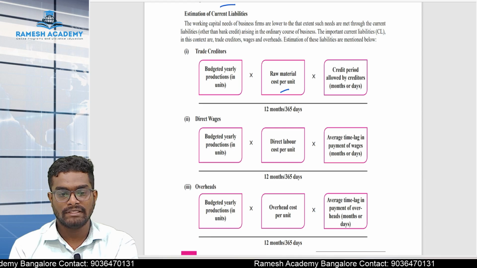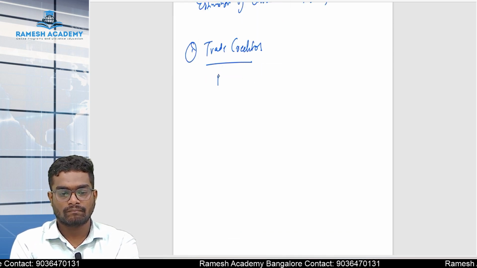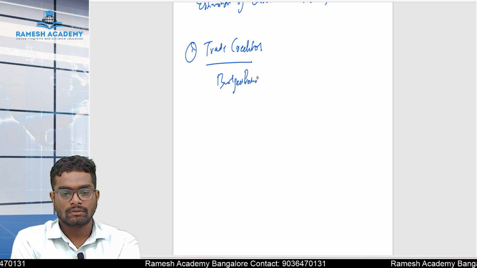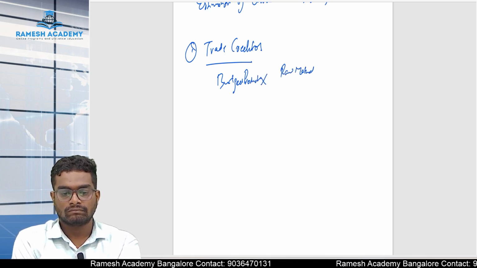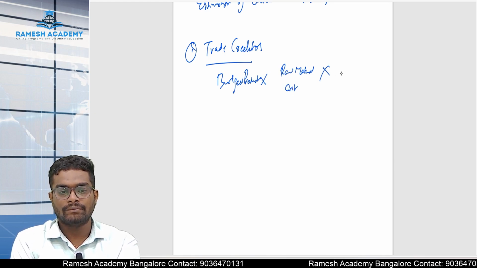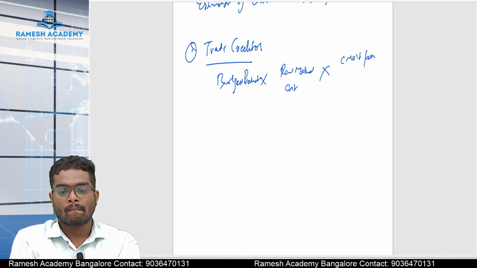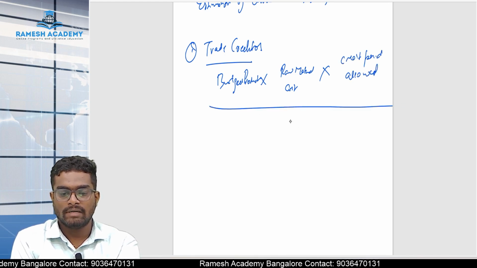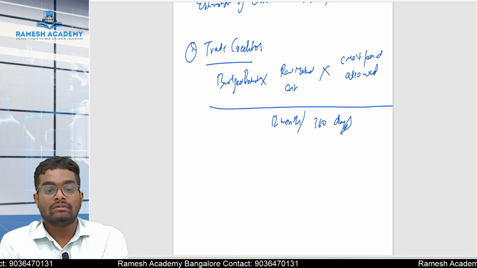I will not pay anything above that. So budgeted production into raw material cost into credit period allowed divided by 12 months or 360 days. Okay.